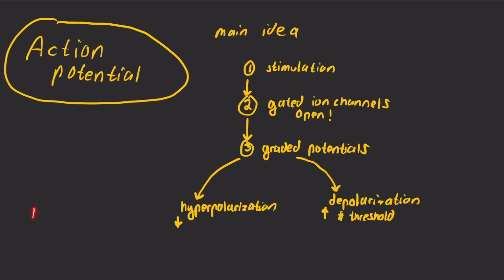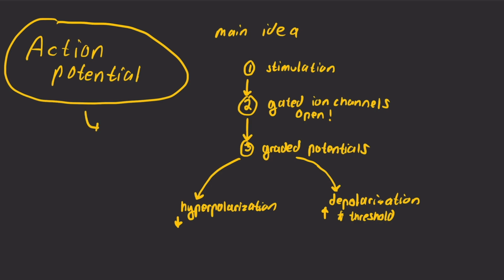So graded potentials that will combine and reach the threshold, or if there is a stimulus that is strong enough and it just triggers an action potential. It just reaches threshold right away. So just want to recap that.